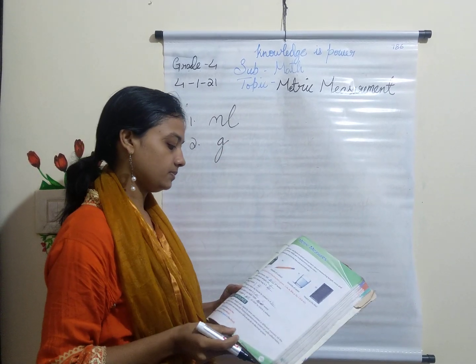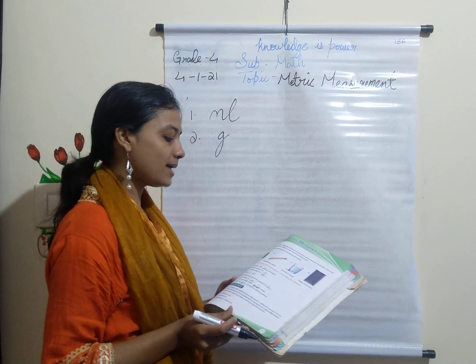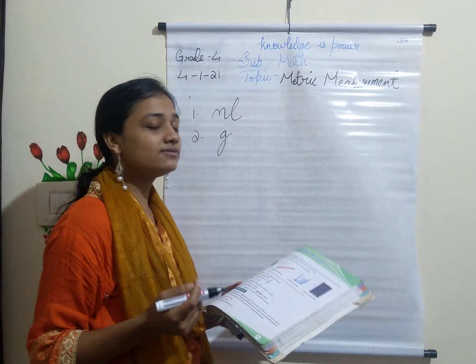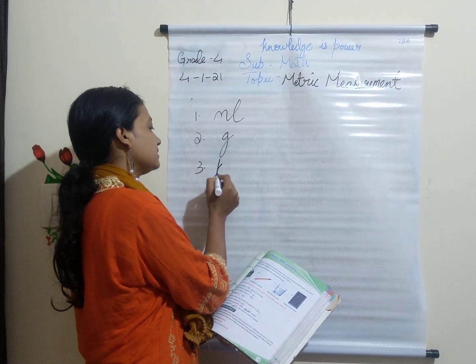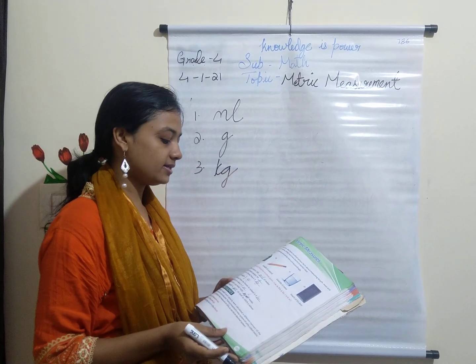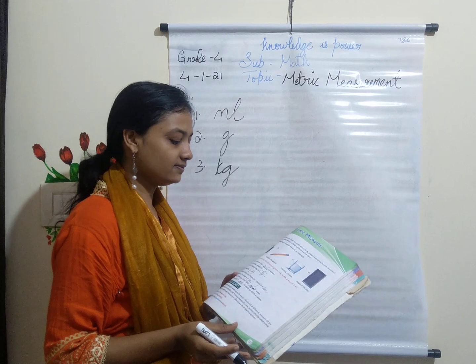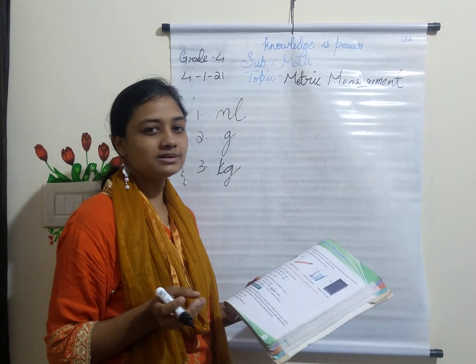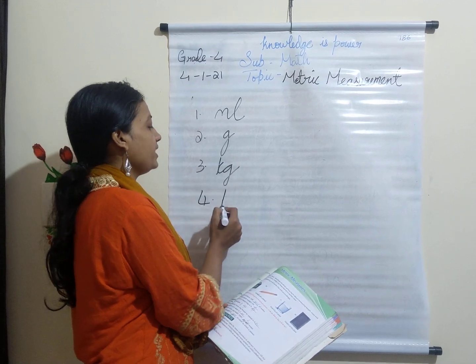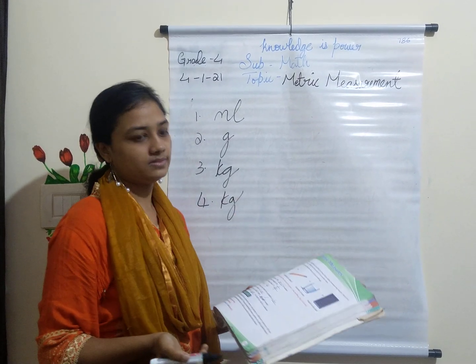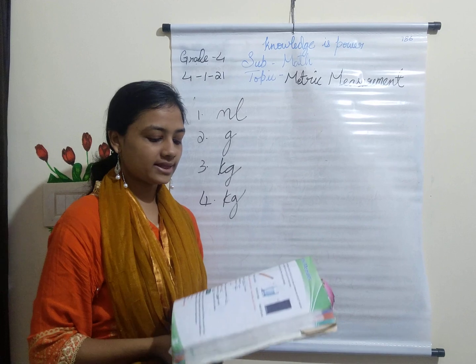So write G. Weight of a heavy bag is 5. They have only given you it's a heavy bag, so it is 5 kgs. A chair weighs half gram. No, it's impossible. A chair may weigh half kg. The other 4 I want you to try out.